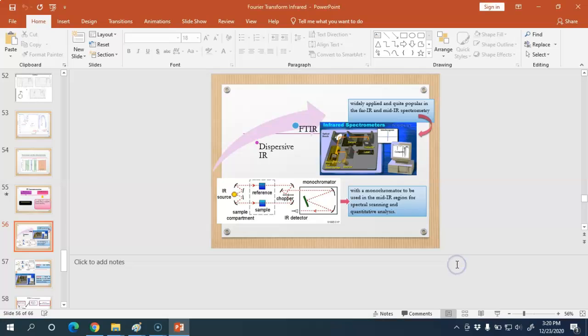Okay, that's all. I will make another explanation on how to determine the functional group by doing an exercise from the previous final exam question.